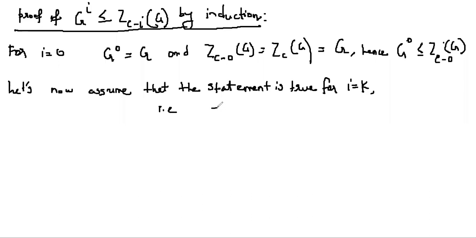That is, G_k is a subgroup of Z_{C-k}(G). Okay.